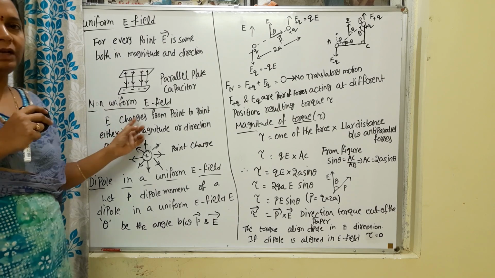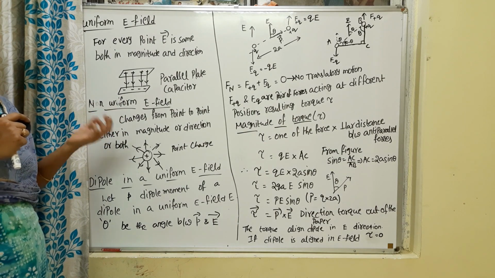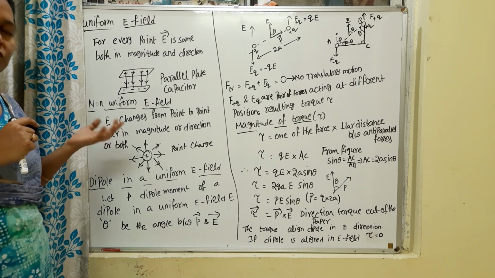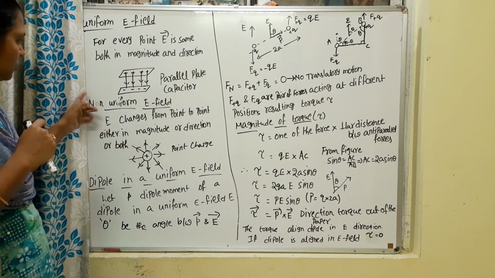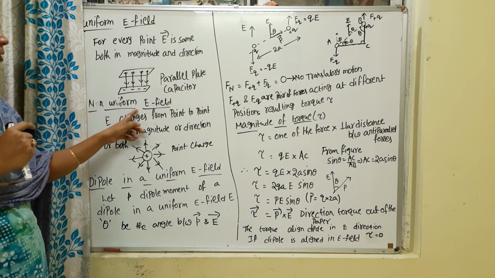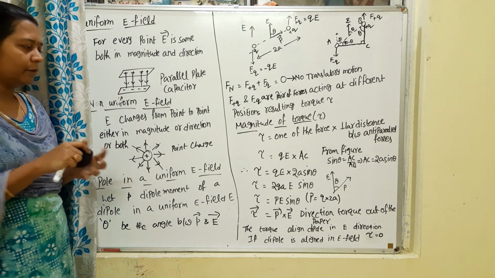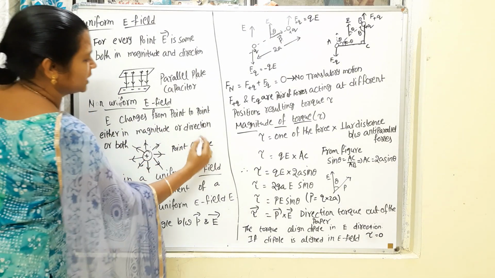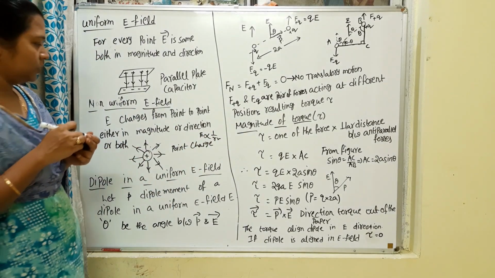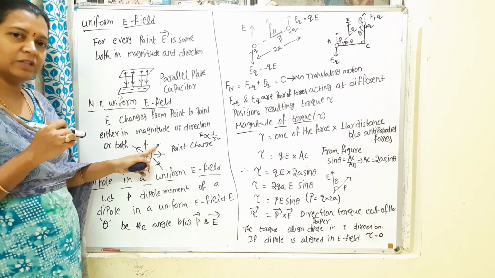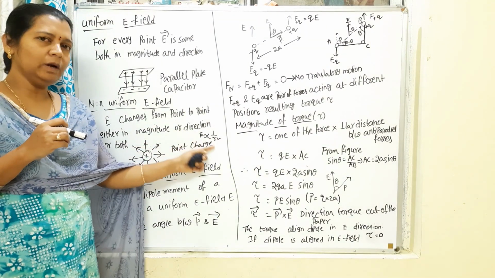And a non-uniform electric field: the electric field changes from point to point, either in magnitude or direction or both. That is called a non-uniform electric field. Suppose you consider a point charge. We know the electric field due to a point charge is inversely proportional to the square of the distance. Here at this location the electric field is strong. As we move away, the electric field goes on decreasing.